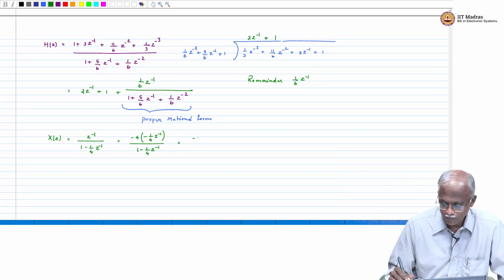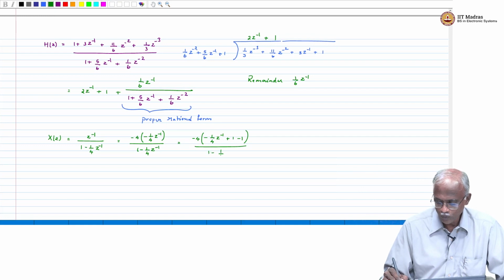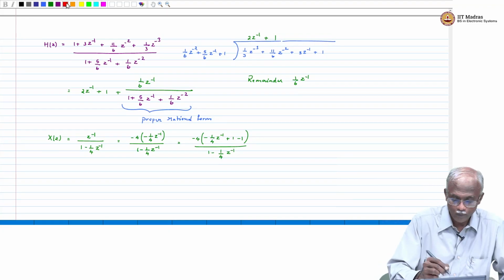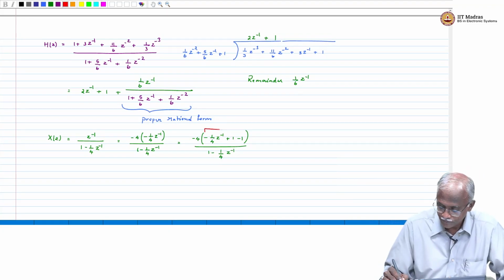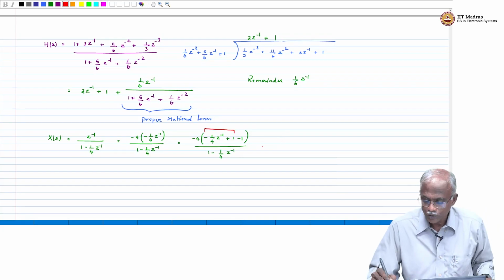This next step is minus 4 minus 1 by 4 z inverse plus 1 minus 1. That also will cancel, so therefore you will get the same expression. Okay, divided by 1 minus 1 by 4 z inverse. Now I am going to take the first two terms together and the last term together. So what does it come out to be?